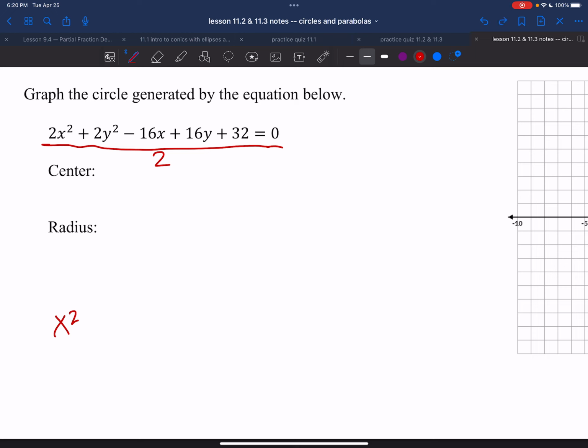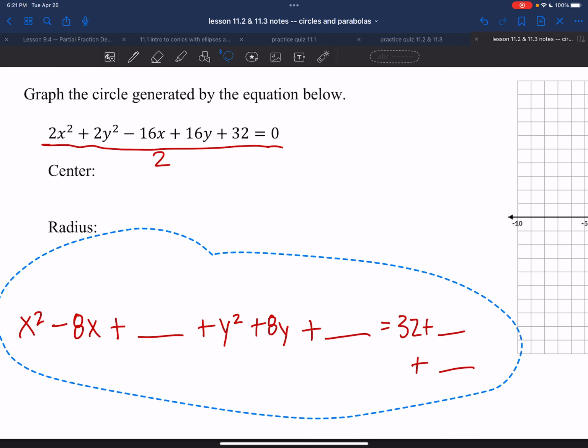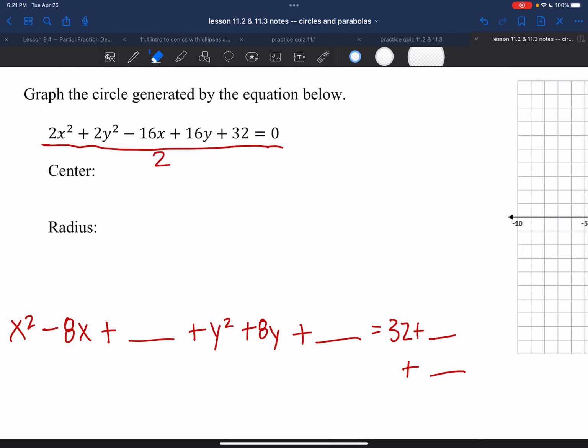x squared minus 8x plus blank plus y squared plus 8y plus blank equals 32 plus blank plus blank. Like so. He said, whoa, what are you doing? Right? What's going on here? Well, I'm doing multiple steps in one for completing the square, right?